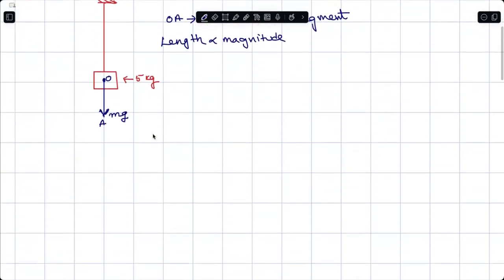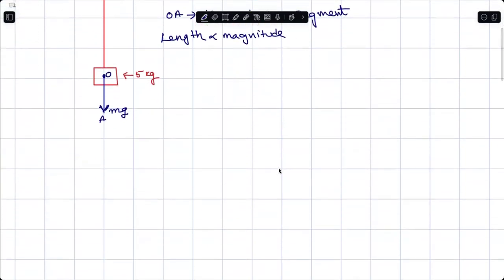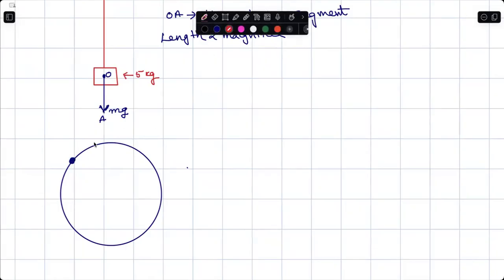For example, I'll give you another case. An object is moving in a circular path like this. The object is somewhere over here at this point. Now, at this point, its instantaneous velocity will be like this.